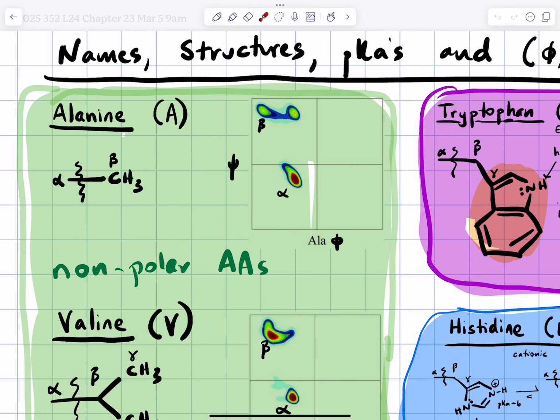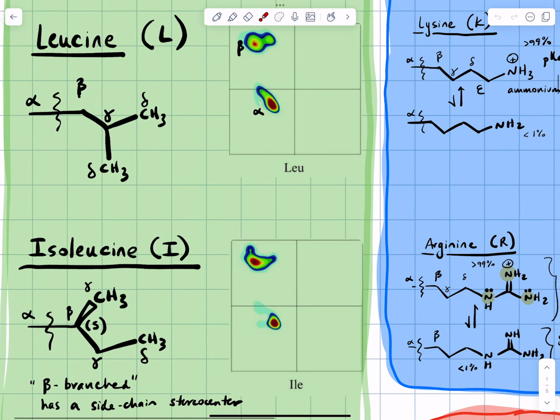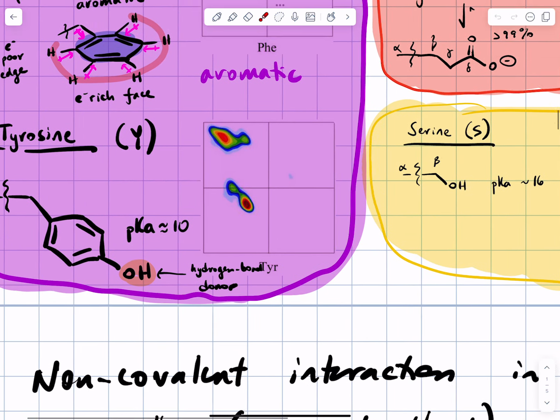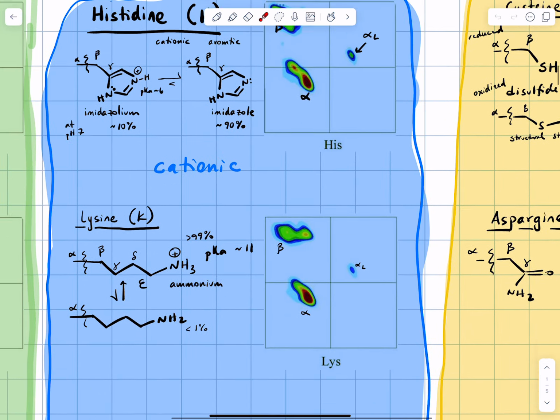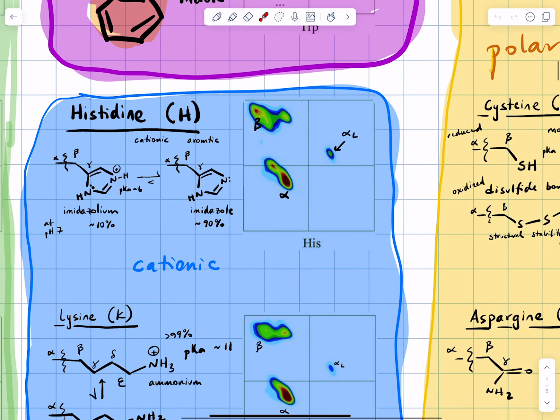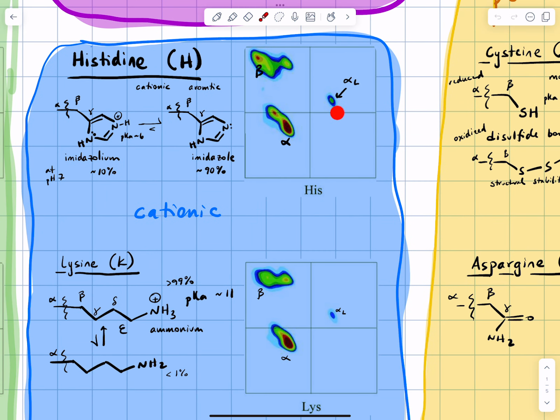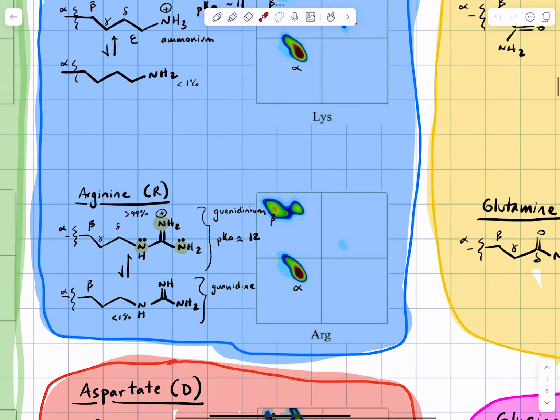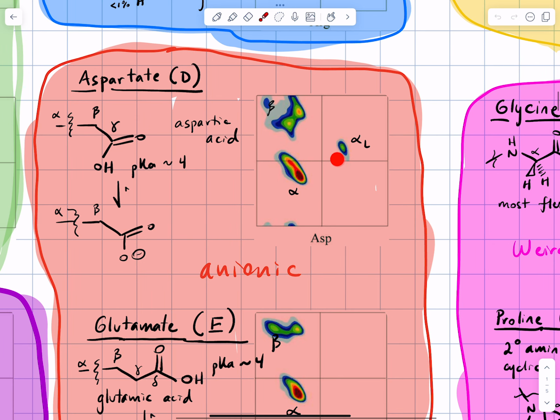Okay? So you would say alanine no good, valine no good, leucine no good, isoleucine no good. Keep looking for them. Nope, still nothing. Okay, what about histidine? Well, that has sort of plus 60 and plus 40, but not really plus 90. Keep looking. What about aspartate?